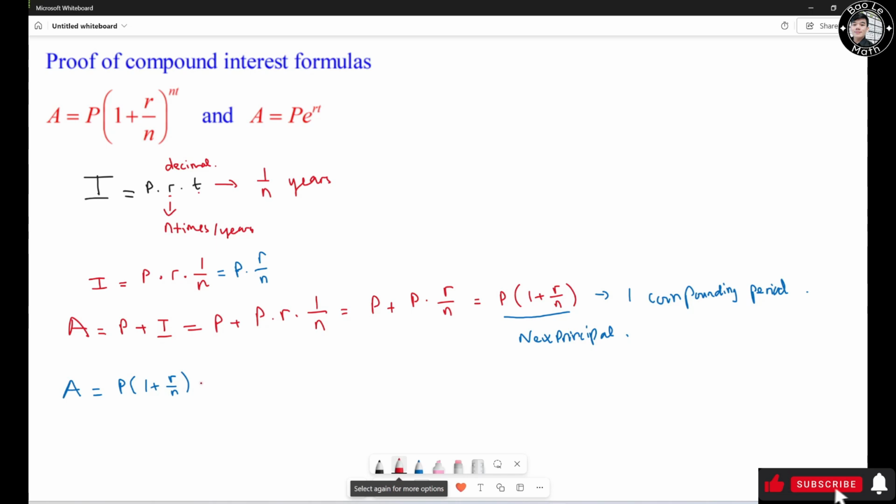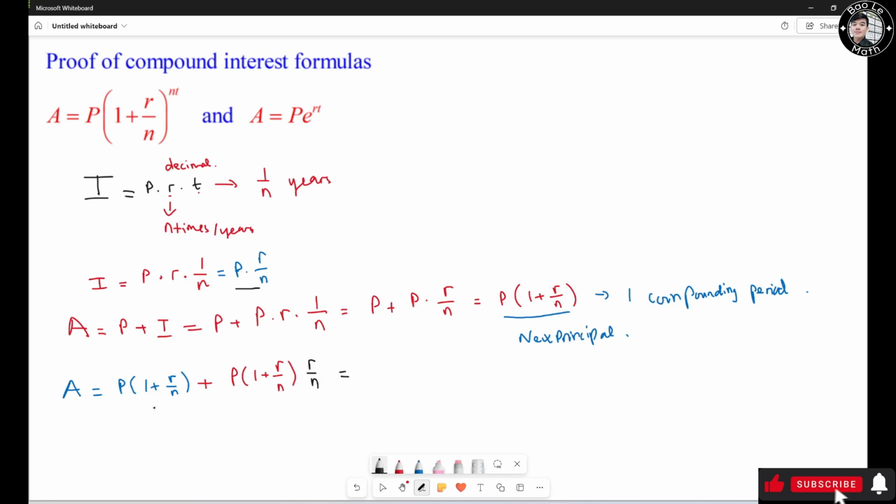Plus the new interest. The new interest is the new principal multiplied by R over n, so plus P times 1 plus R over n multiplied by R over n, right?